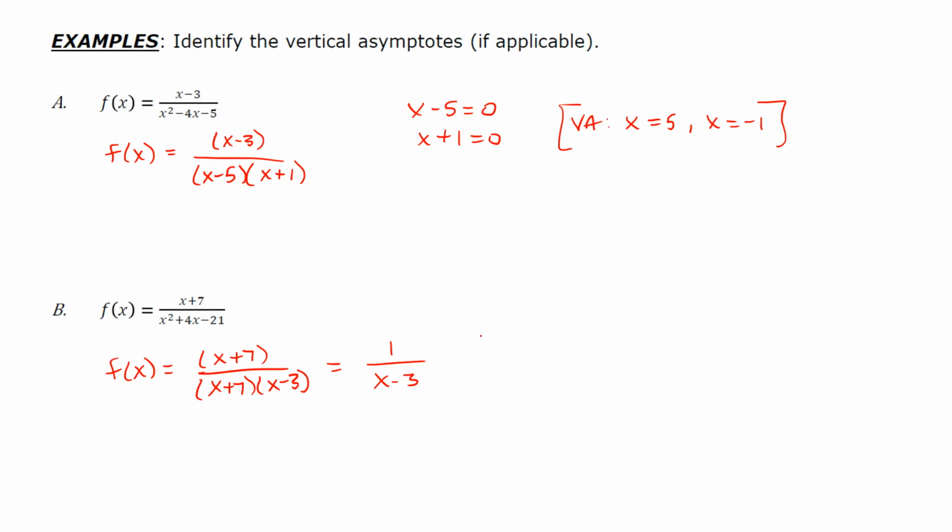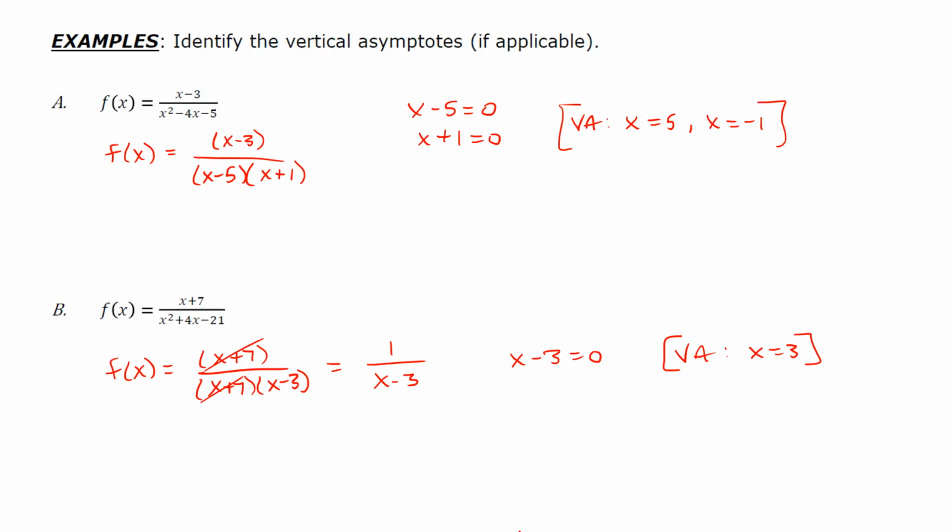So we would then set our denominator to 0, x minus 3, which gives us the vertical asymptote x equals 3. Now x plus 7 would be the linear factor of our hole. So we would have a hole when x equals negative 7. To find the actual point, we would then plug negative 7 into our function to get the y.